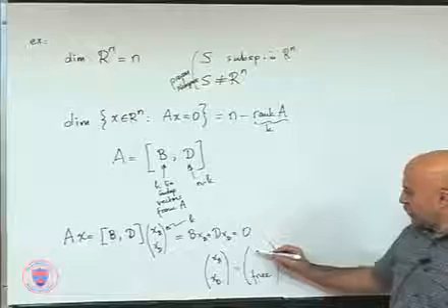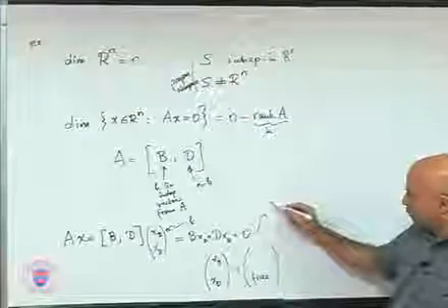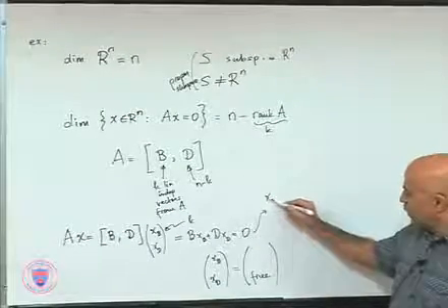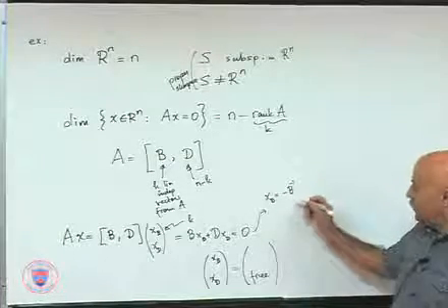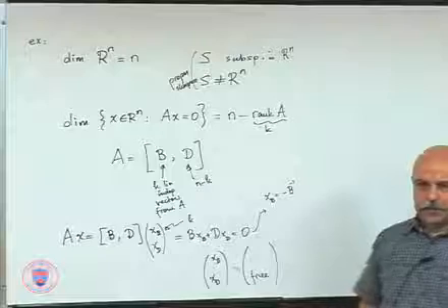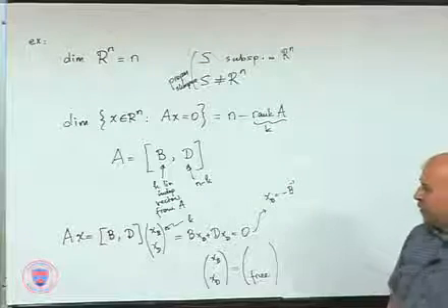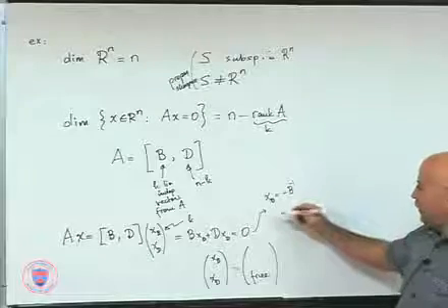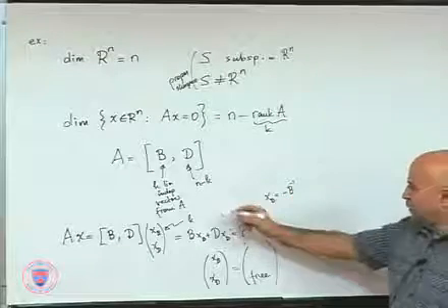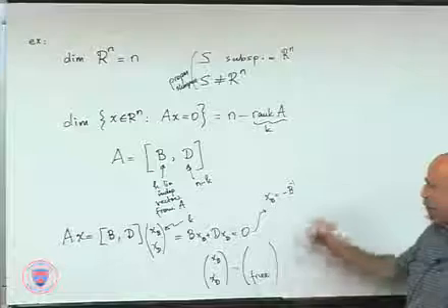Well, if you just solve this, what do you get? You get XB equals minus B inverse. B is certainly invertible because it's got K linearly independent vectors. I'm assuming the row rank is also K here, okay?